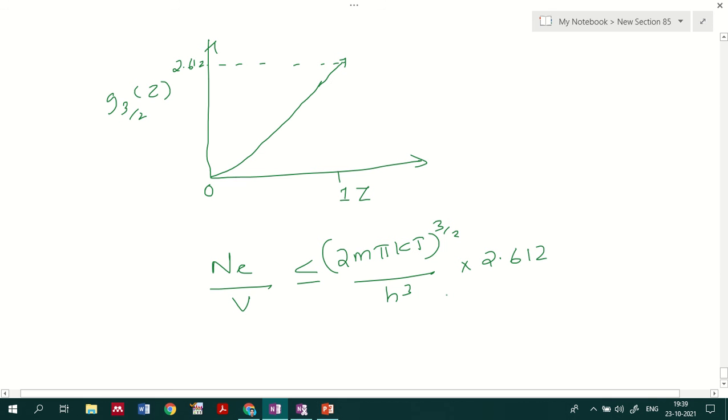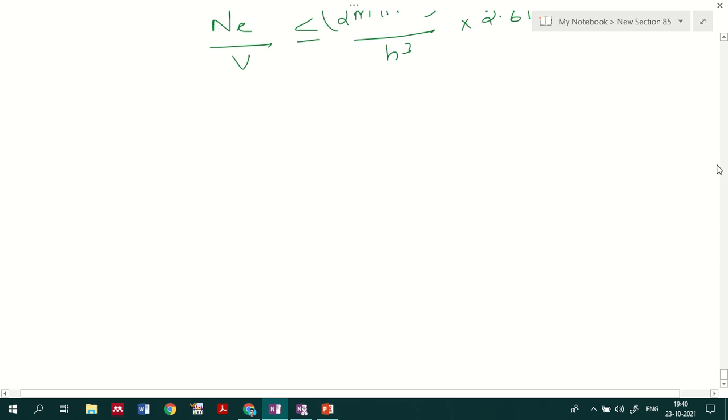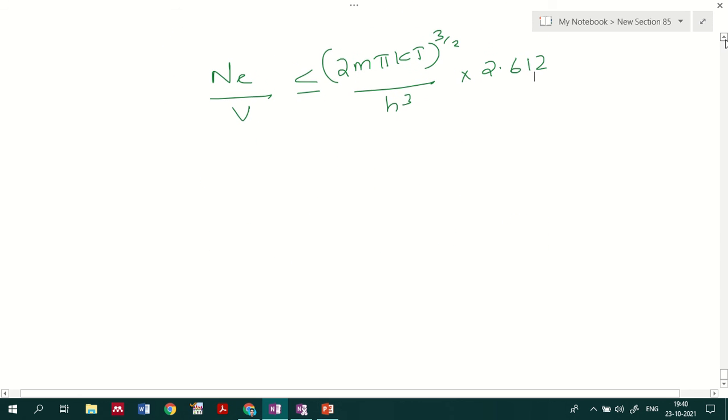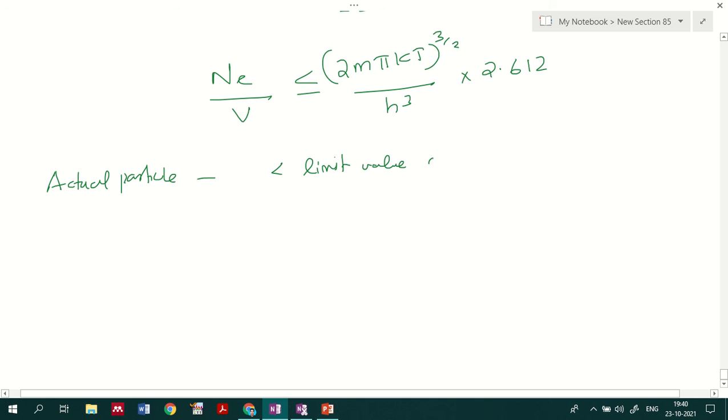So the actual number of particles will be less than the limiting value 2.612. In most cases the particle number will be below this, so whenever you find the actual particle number, it will always be less than the limit value, 2.612.